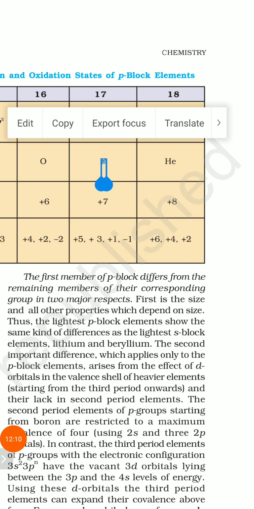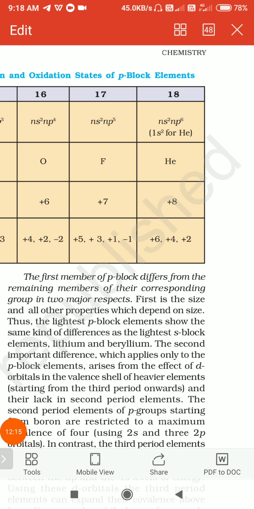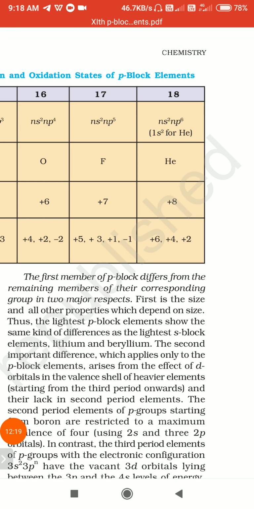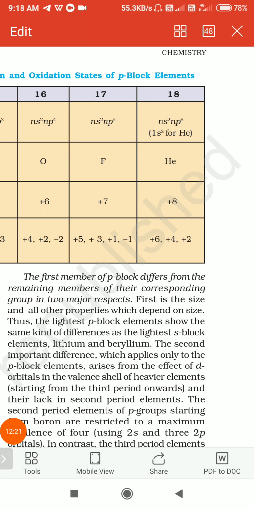Next, the 18th group elements: don't call it the helium family, though helium is the starting element. We consider them noble gas elements, inert gas elements, or rare gas elements. So many names exist for the 18th group elements, but we commonly use noble gas elements.